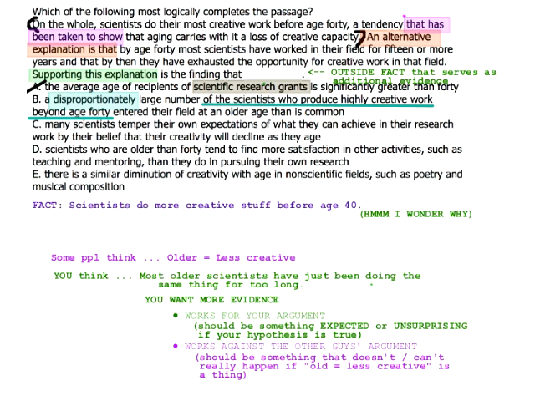The people who do creative work over 40. They're pretty significant here. Why? What do they represent, as far as this trend is concerned? Yeah, these are the people who don't fit the trend, and of course that's going to be something important, right?